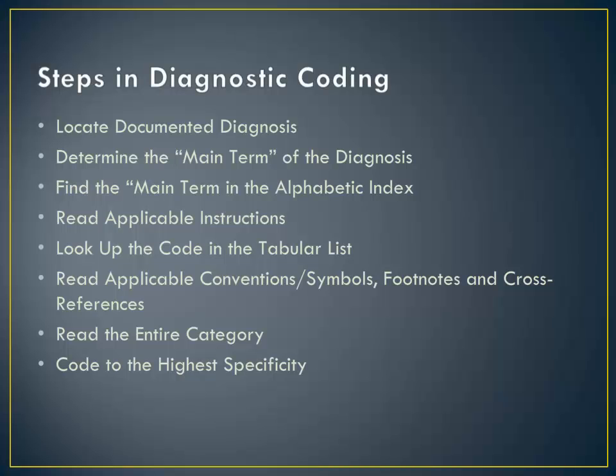So once we get to the code that we're seeking in the tabular list, we're going to read any applicable conventions. We're going to take a look at the symbols, any footnotes and cross references, and read through the entire category. By doing this, we're going to select the code that allows us to code to that highest level of specificity.